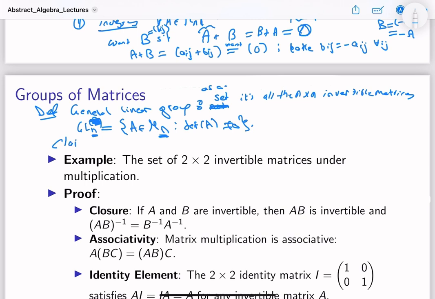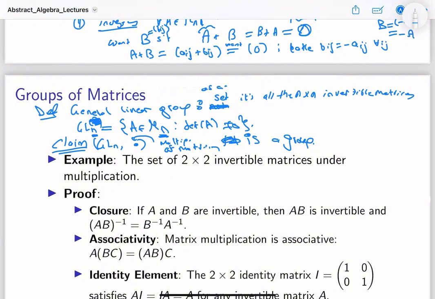And the claim is that if you take GLn with the operation times, so this is the multiplication of matrices, then it is a group. So if you take the set of all invertible matrices and you take the operation to be multiplication of matrices in the way you know from linear algebra, then this forms a group.